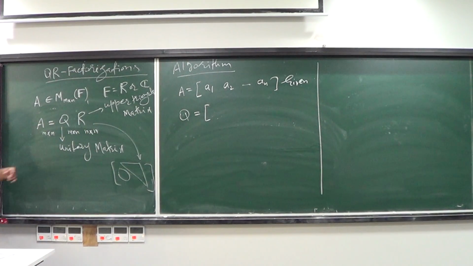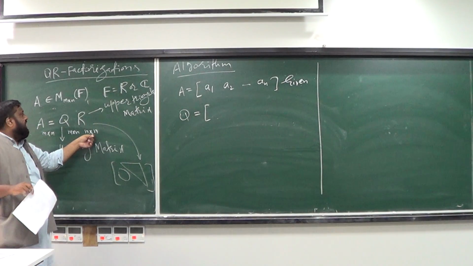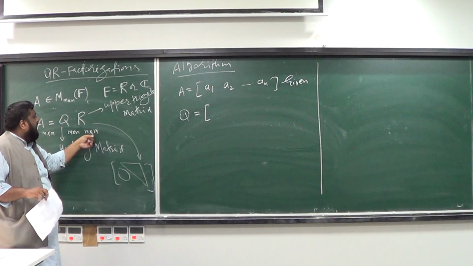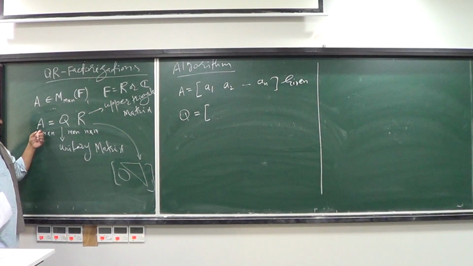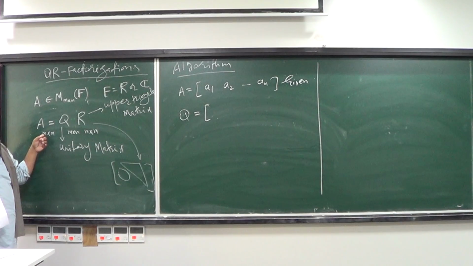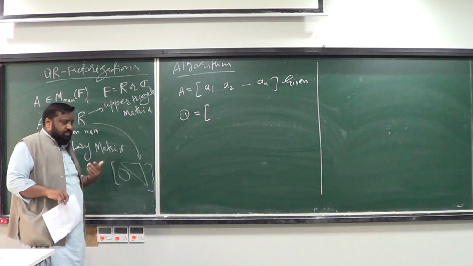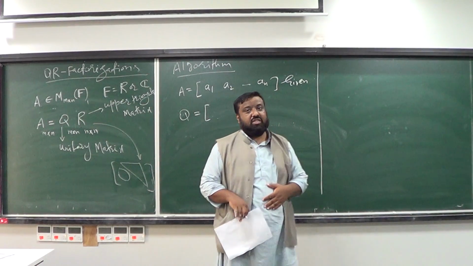So our task is to find an m by n unitary matrix and an n by n upper triangular matrix, and then their product should give us an m by n matrix actually. By unitary matrix Q, you might have seen that the unitary matrices are always square.